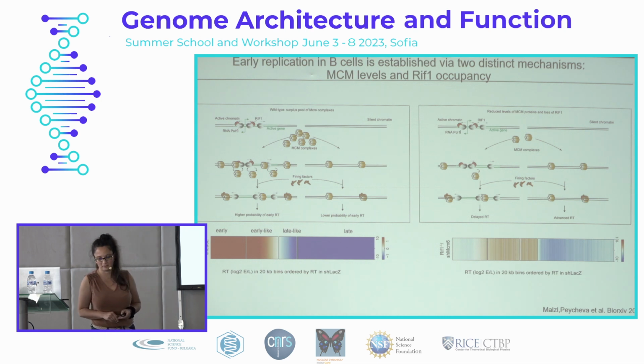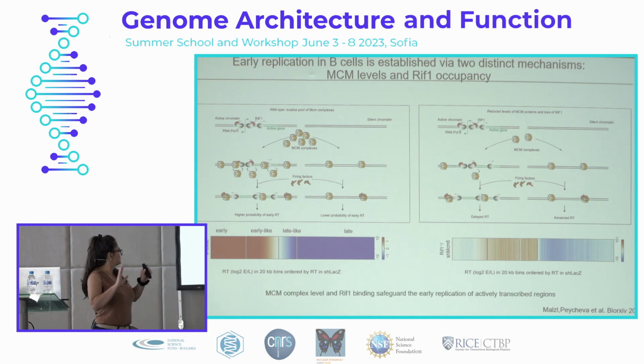And this is a story which is on bioRxiv, and I'm looking forward to any advice here, and if you have any ideas about how to explain the mechanism, I would be very happy to talk about this. What we want to conclude here is that in B cells we have two mechanisms which confer early replication timing: the loading of MCM molecules and the activity of RIF1.